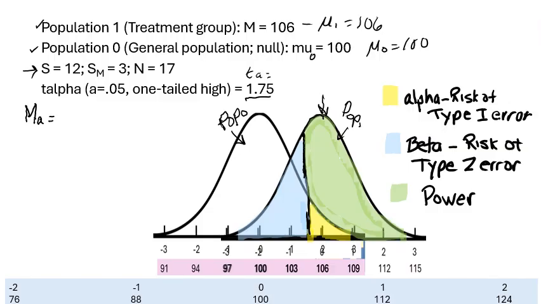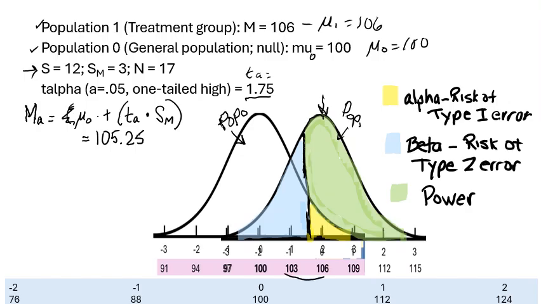In this case, we're going from a t-score to M. M equals mu 0 plus the t-score associated with alpha times the standard deviation for the distribution of means. If we run that calculation, we find that the raw score is 105.25. In other words, the raw score for the group at this cutoff point would be 105.25.